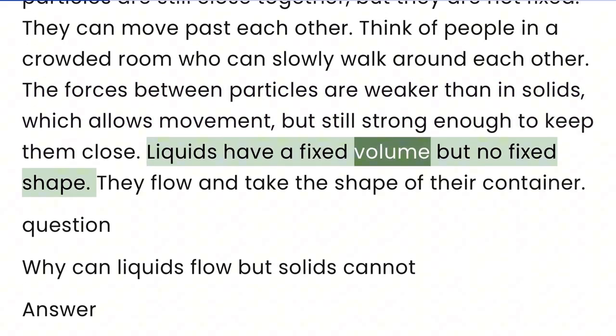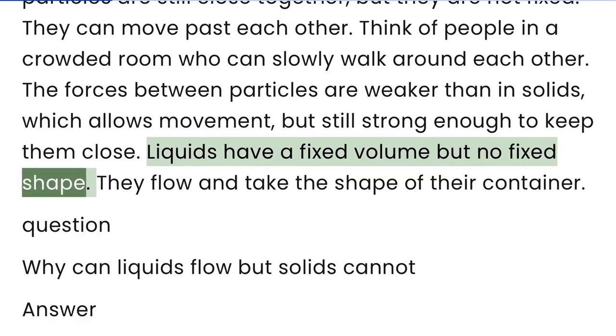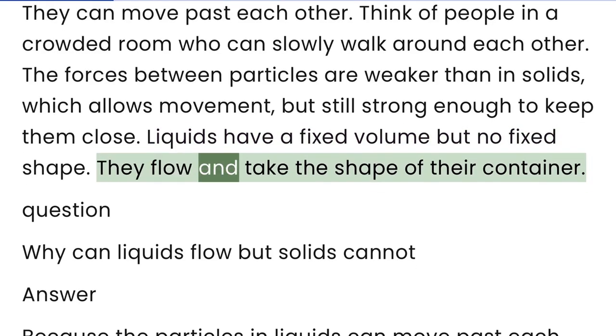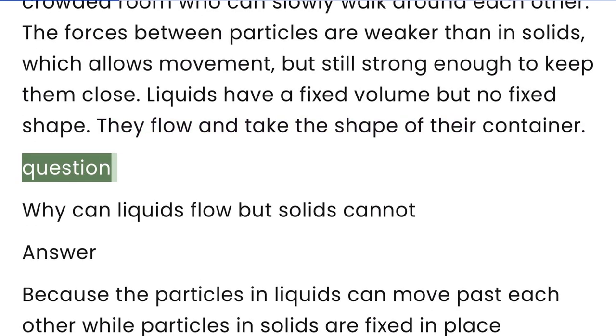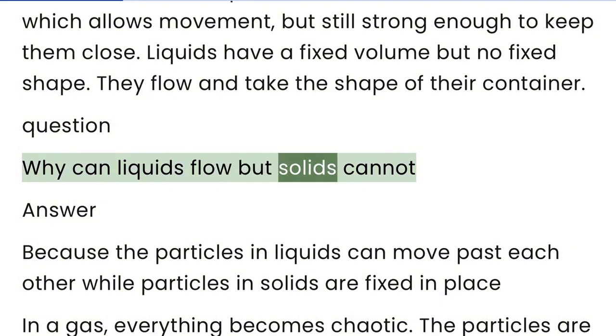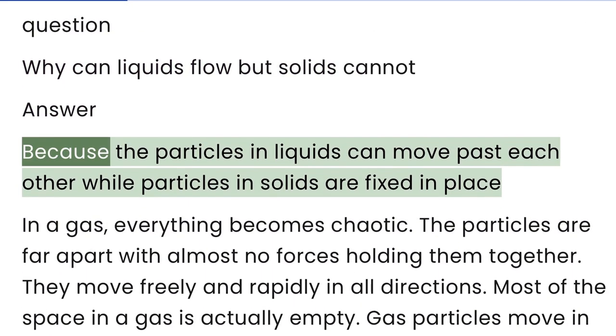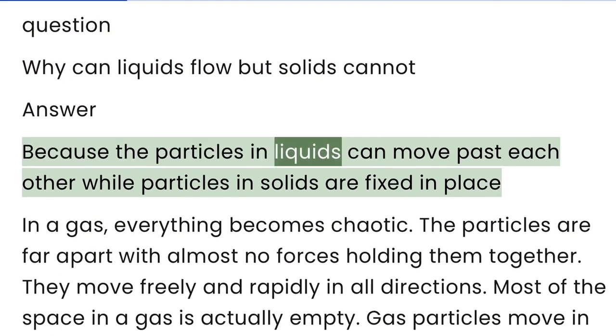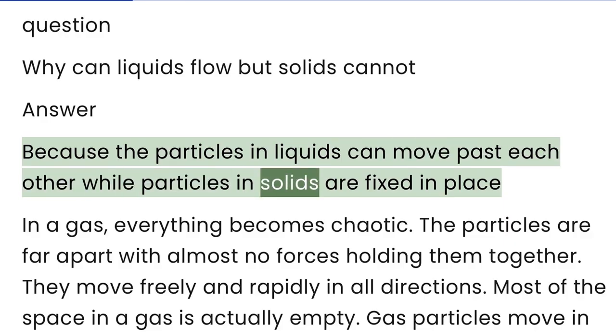Liquids have a fixed volume but no fixed shape. They flow and take the shape of their container. Question: why can liquids flow but solids cannot? Because the particles in liquids can move past each other while particles in solids are fixed in place.